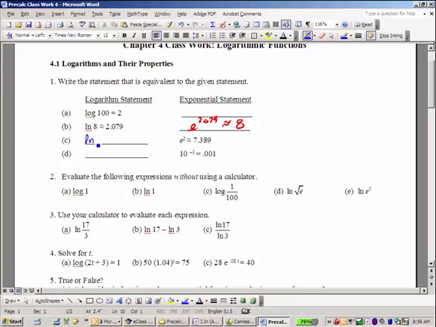ln, or you can say natural log of. So if the base is e raised to the, no, we did backward.